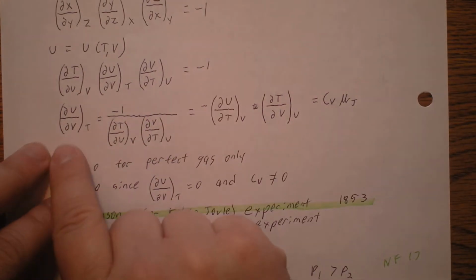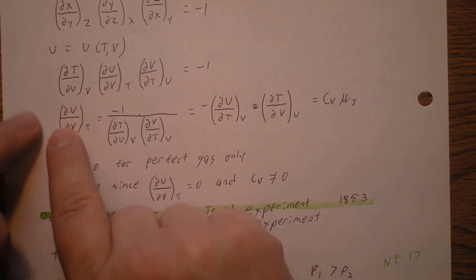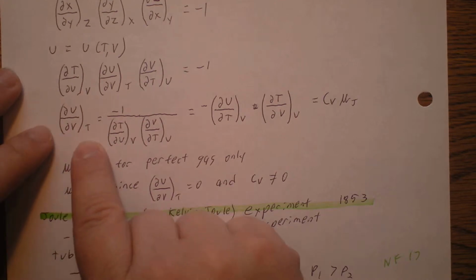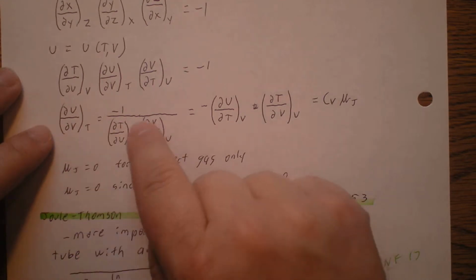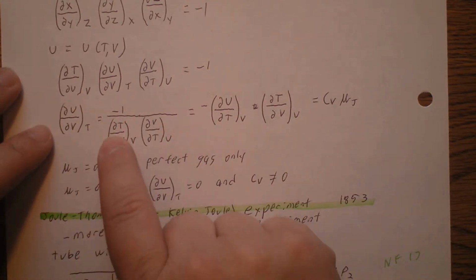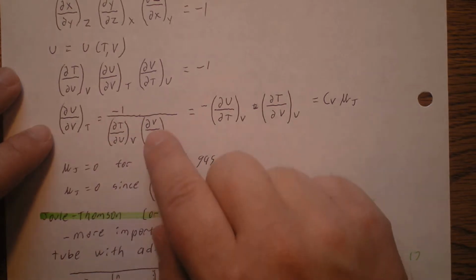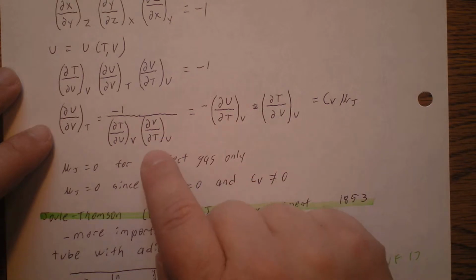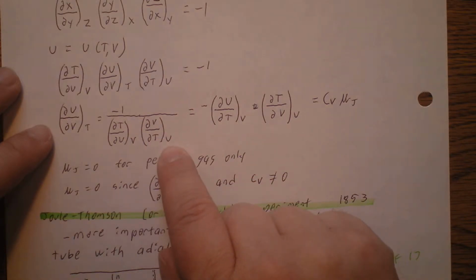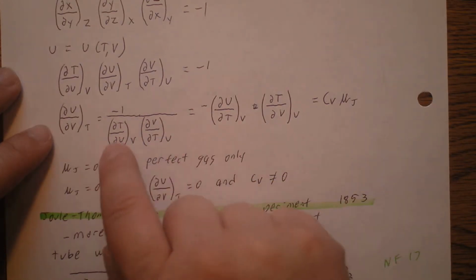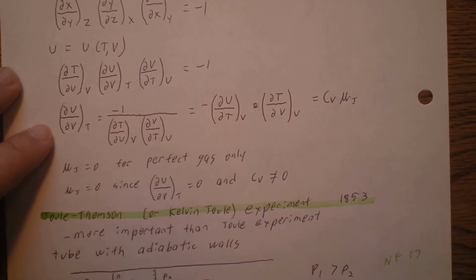So doing the algebra, we end up with the partial derivative of internal energy with respect to volume holding temperature constant is equal to -1 over the partial derivative of temperature with respect to internal energy holding volume constant times the partial derivative of volume with respect to temperature holding internal energy constant. Because they're in the denominators, we can just flip those right side up.